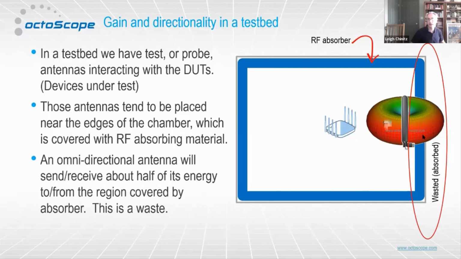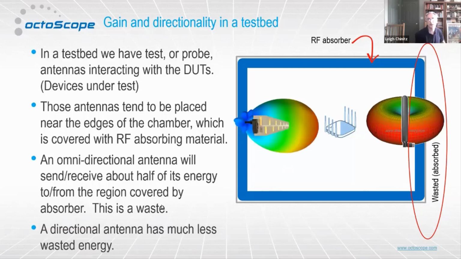Energy is coming out in all directions. It's omnidirectional. And basically half of that energy is going directly into an RF absorber. The whole point of the RF absorber is that it absorbs the energy. It doesn't go anywhere after that. It's not like it's getting reflected back out, right? The whole point is that it's not. And so essentially the energy is being transmitted, going into an absorber and disappearing. So that's kind of a waste.